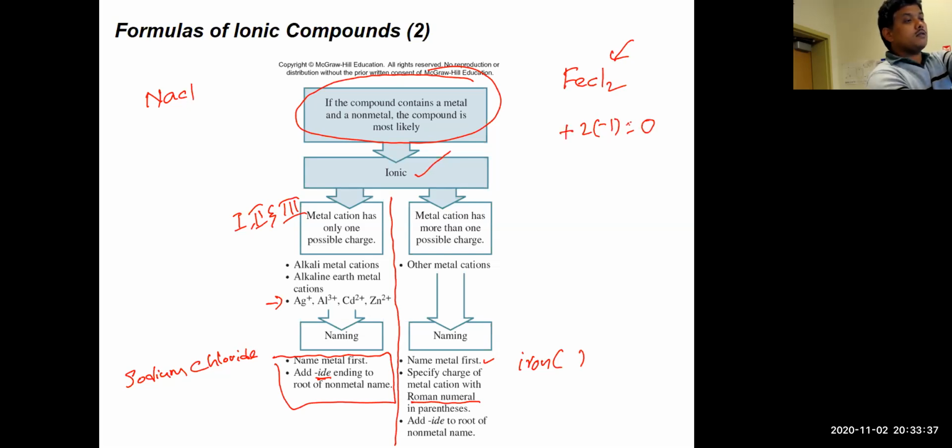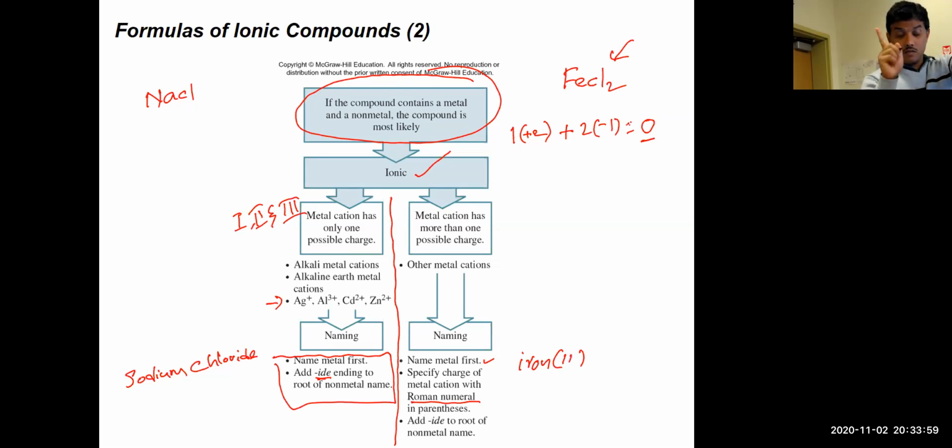So which means if you have one iron, the charge in the parentheses should be what makes the whole FeCl2 charge 0: +2. So +2 is the charge on iron. So you put that here.